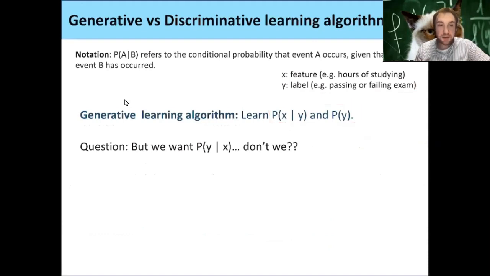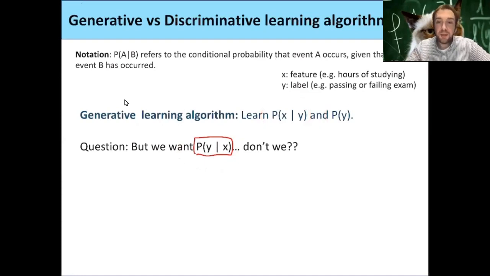Because in reality, after training our machine, we still want to predict the probability of passing or failing an exam given a certain number of hours of studying. This is actually what we want. What we learned before directly is what we want, because this solves our problem. But in this learning method, we will learn these two probabilities.